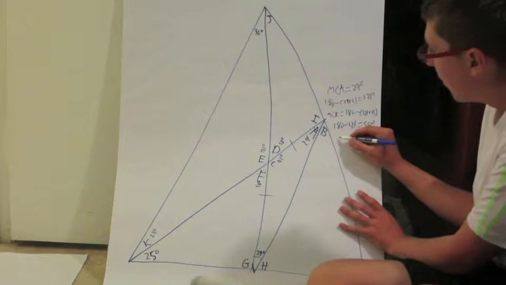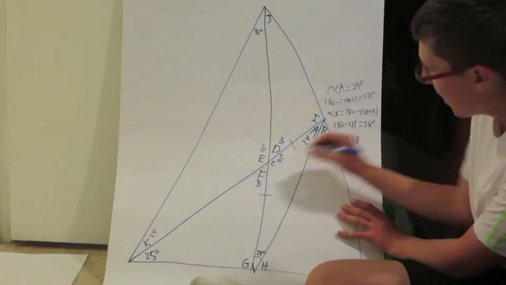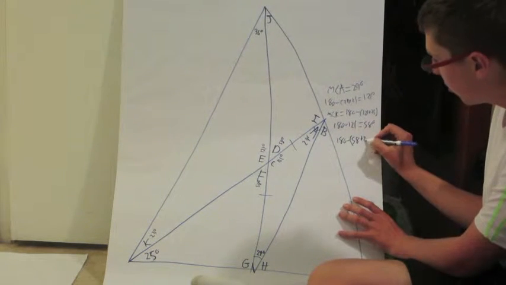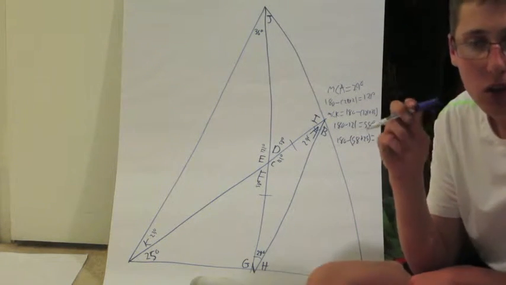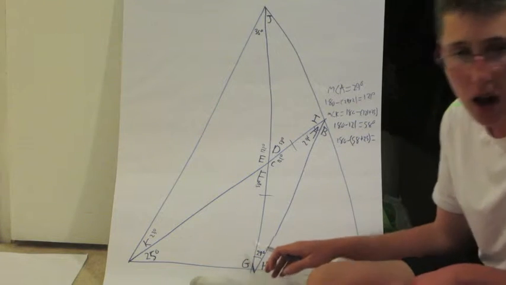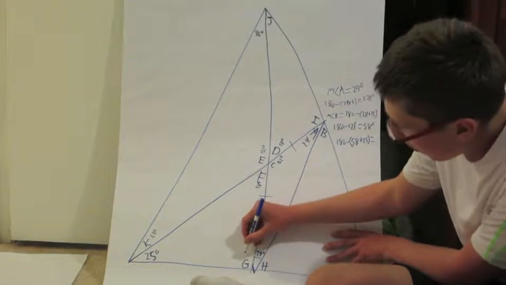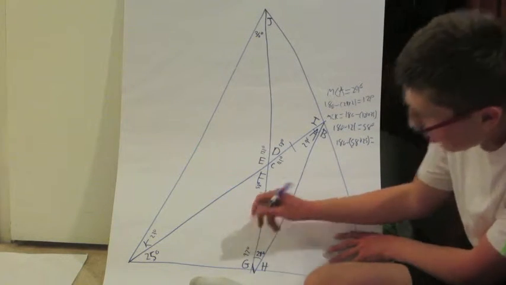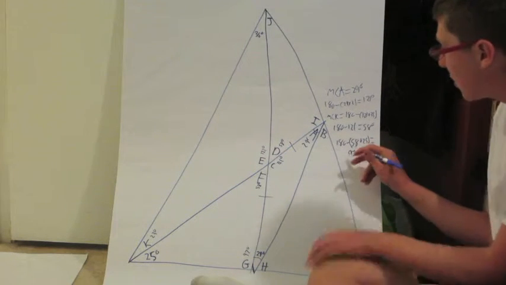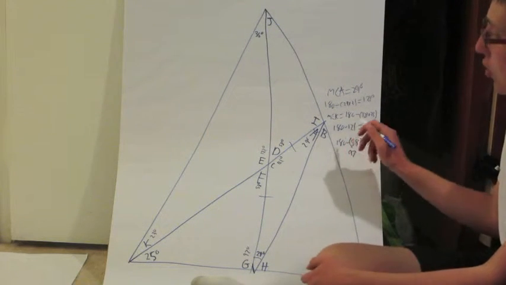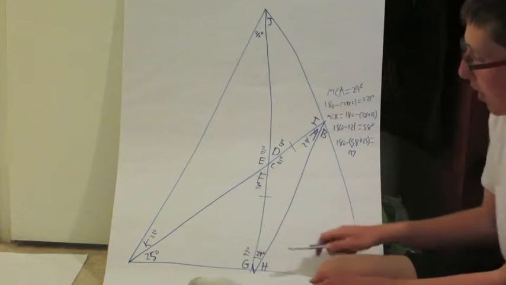So if we take 180 minus 58 plus 25, we would get a total of 97 for G. So the measure of angle G would be 97, because if you take the total sum of all the angles and subtract these two parts, then you get that part.